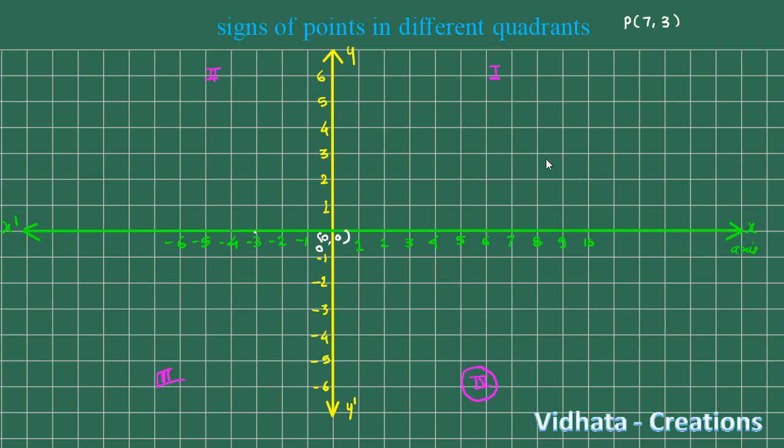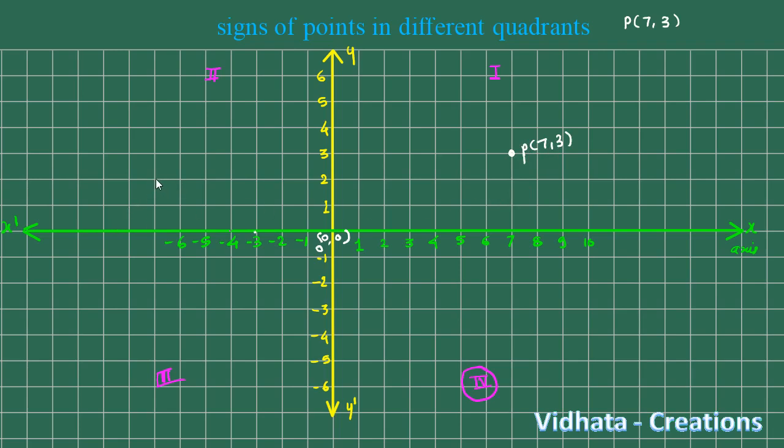Where does the point P (7, 3) lie? The 7 is here and 3 will be here. So the point P will be here, of which the coordinates are 7, 3.